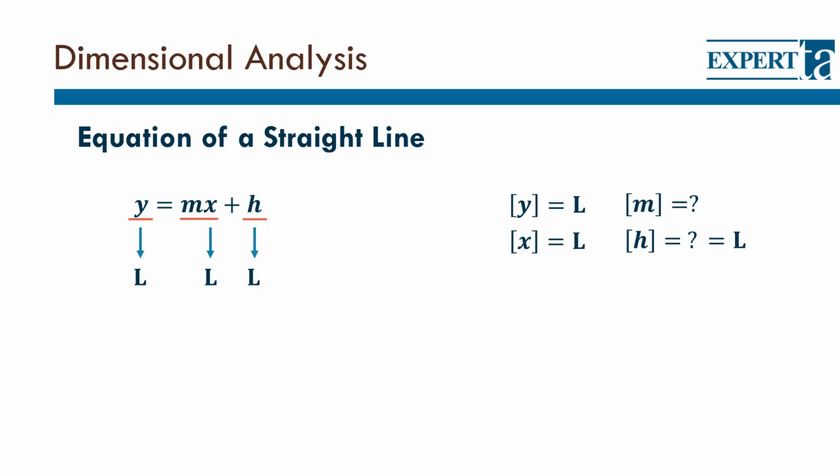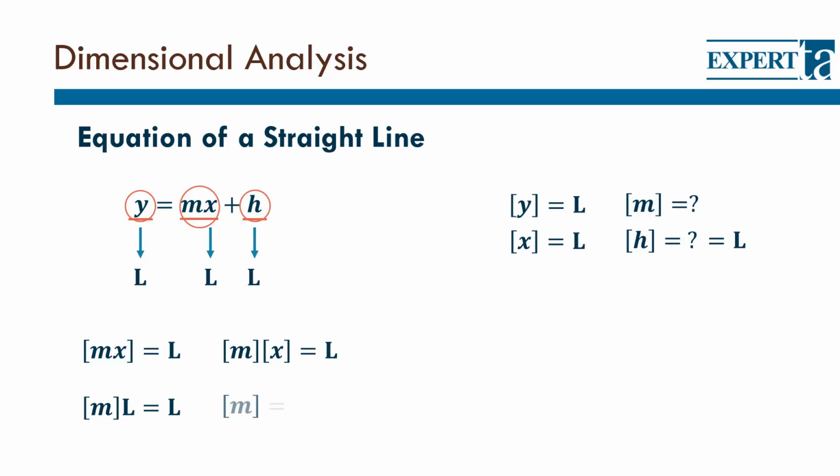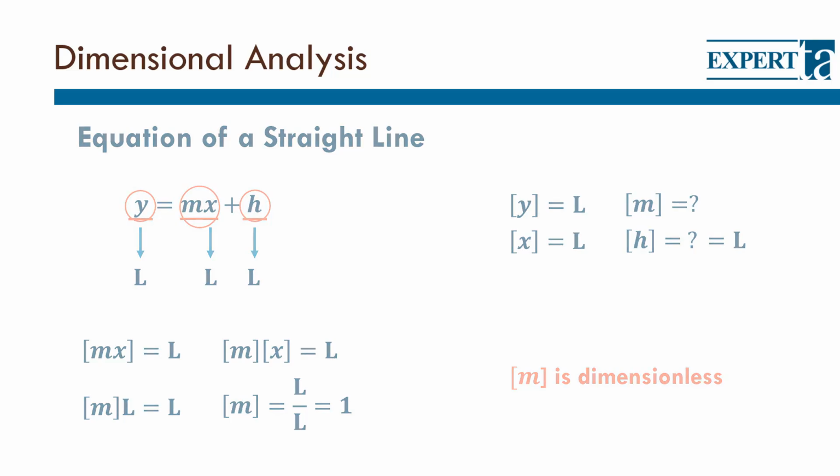We know that the dimension of this whole term has to be L for this equation to be consistent, because h and y have dimension L, so mx has to have dimension L, which means the dimension of m times the dimension of x is L. So the dimension of m is equal to L divided by L, which is 1, which means m is dimensionless, because the unit is neither L, M, nor T, any of the standard ones. From the straight line equation, we know that m is the slope of the line. So if both y and x have the same units, then m, the slope, would be dimensionless. This is how you can calculate the dimension of any quantity in an equation.